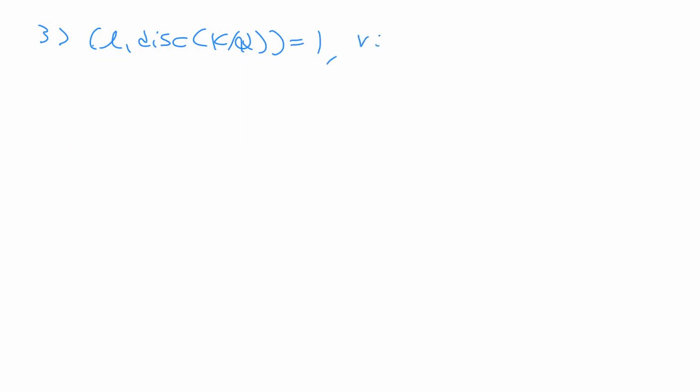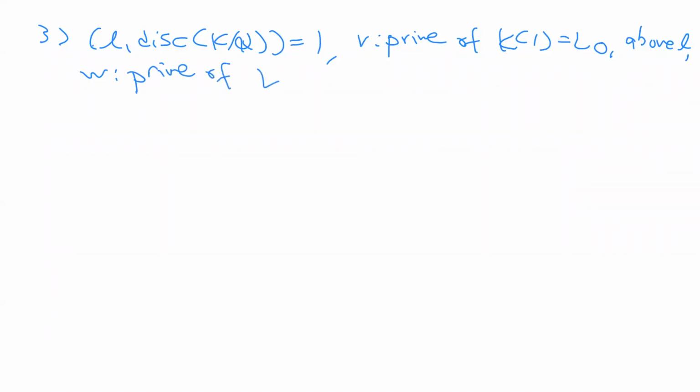Say v is a prime ideal of K_1, the Hilbert class field, or rather in our notation, a prime of K_1 above L, and say w is any prime of K_L above v.